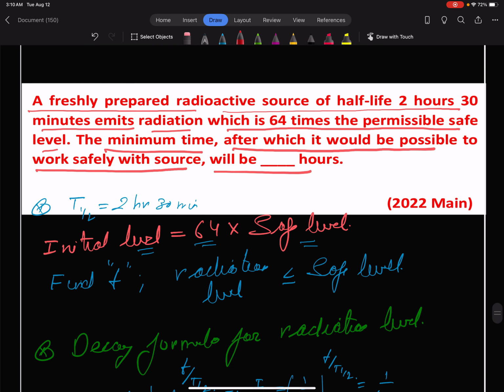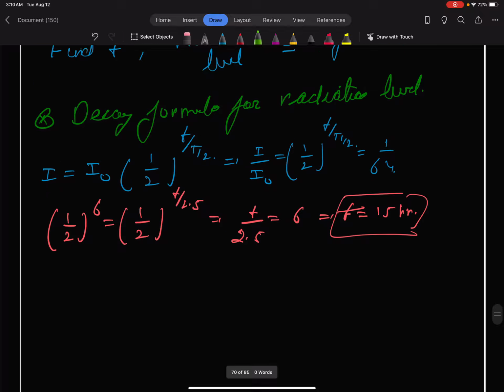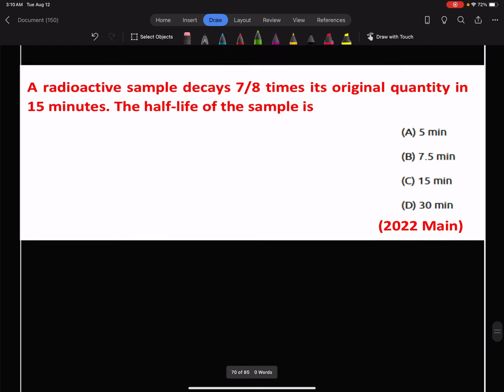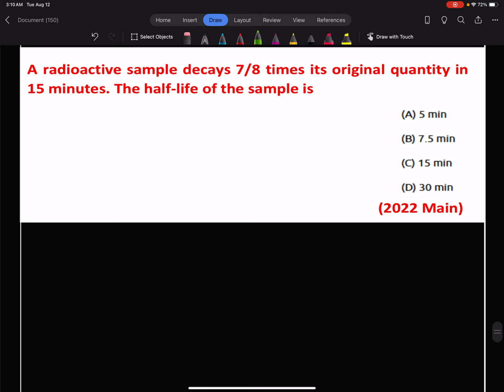So we have this option as 15 hours. Next question. It states that a radioactive sample decays 7 by 8 times its original quantity in 15 minutes. The half-life of the sample is.